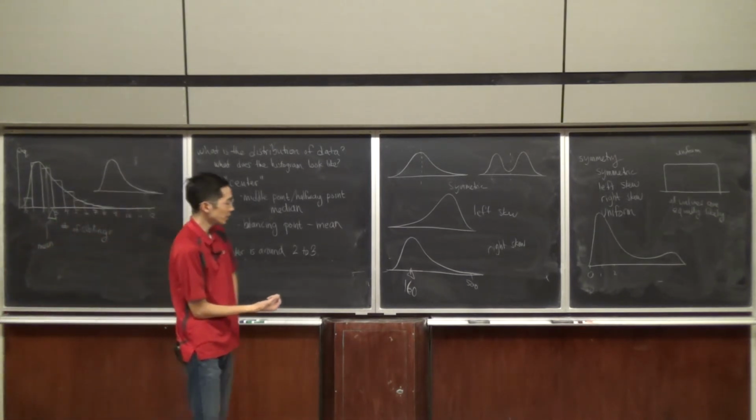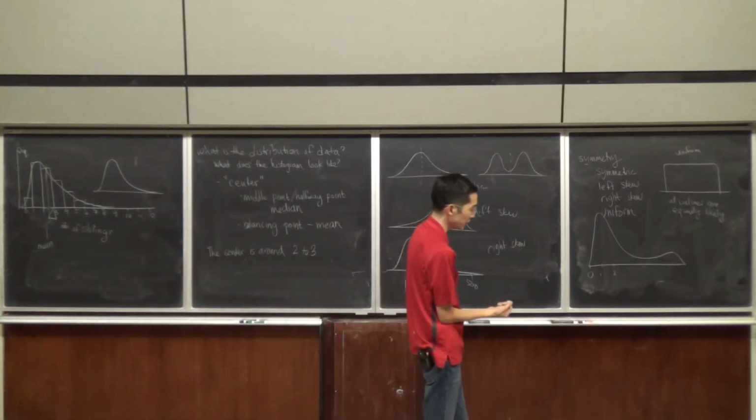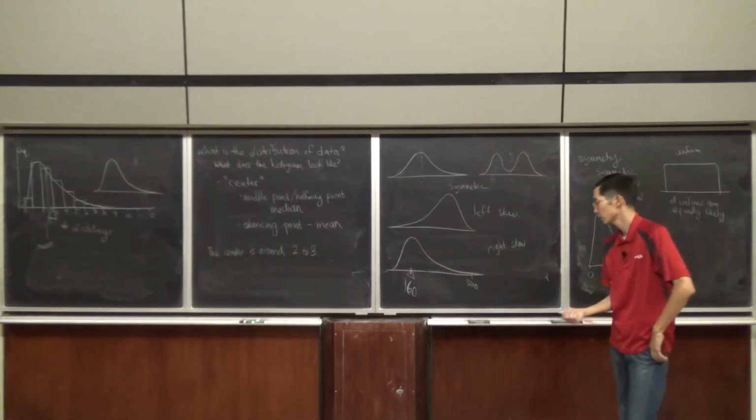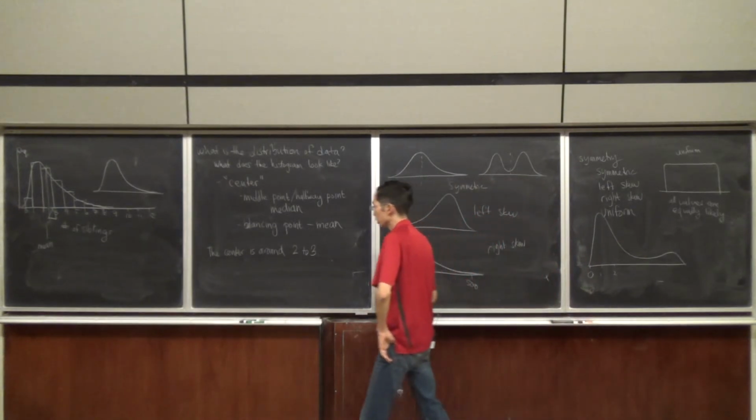So far in describing our distribution of data, we've talked about the center and the shape. The last thing we want to talk about is the spread.